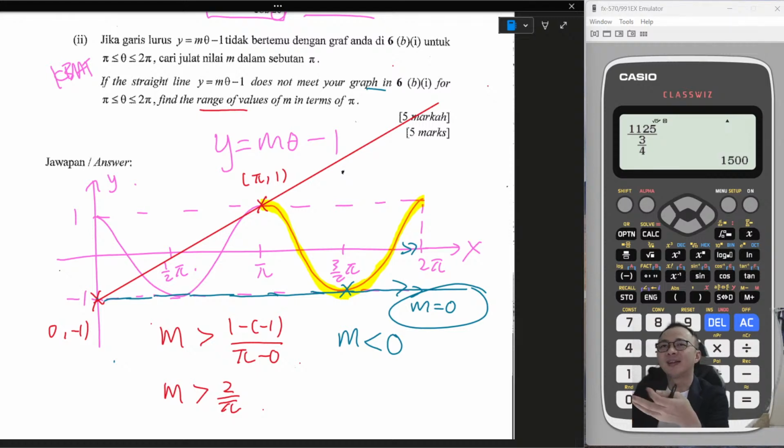That means even if your part 1 answer is wrong, but you use the wrong answer to continue to do your part 2, you will get marks. The question must mention, for example, use the A value from part 1. Maybe for part 1 the real answer is 2, you write 5. You use the 5 to continue, yeah, you will still get a mark. Because the question does mention, use the answer from the previous part. But if the question doesn't mention anything, the examiner will not mark your paper based on error carry forward. So far, I never heard about it lah.